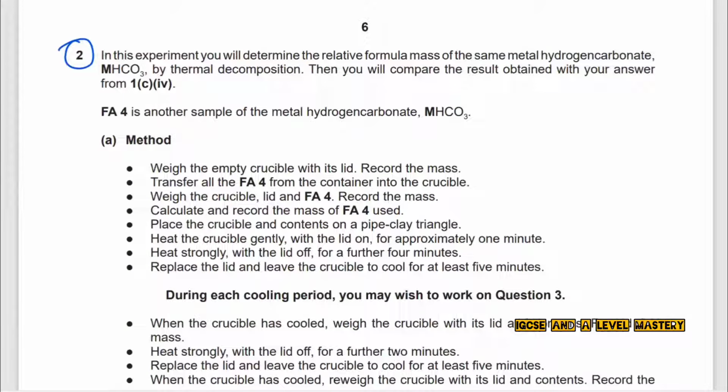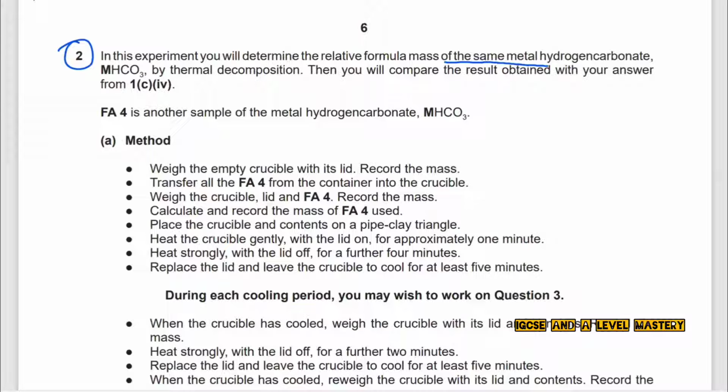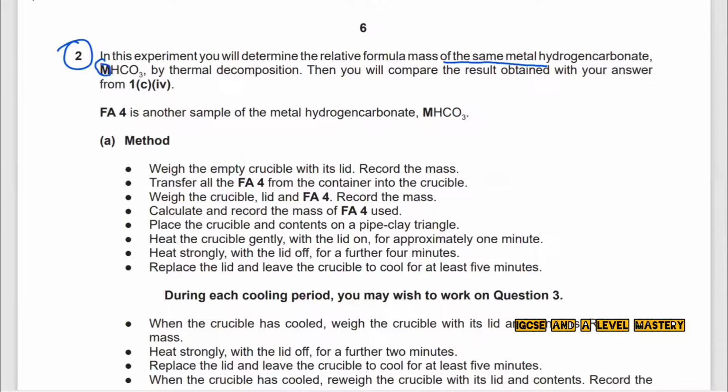So the question says, in this experiment, you will determine the relative formula mass of the same metal hydrogen carbonate. So we are going to determine the element M through a different process, that is using thermal decomposition. Then you will compare the result obtained with your answers from 1C4.